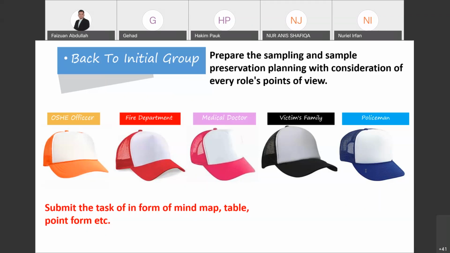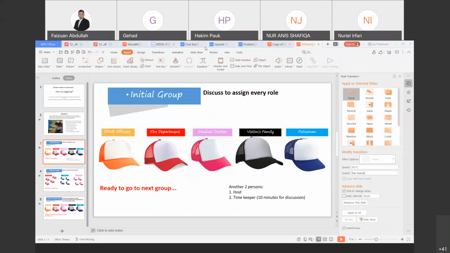I think everybody has understood how to play the activity, right? If you have questions, just text in the WhatsApp group. I will upload the slides on how to play these activities for the assignment, as well as the video.